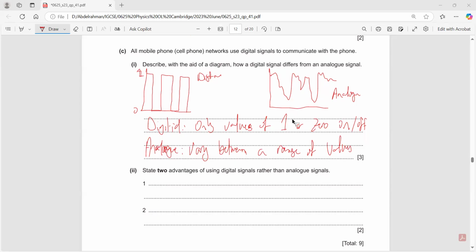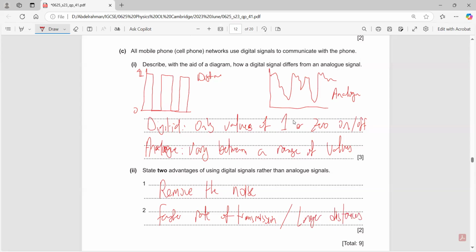We can transfer this data at a faster rate of transmission, and over longer distances.